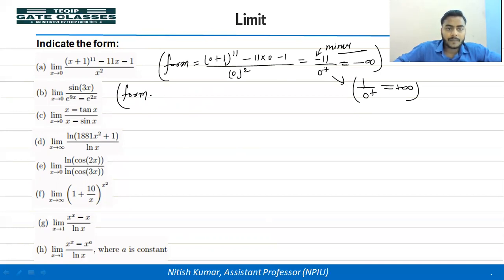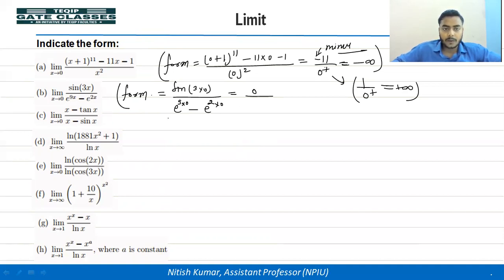Form. x goes to 0. Put the value x is equal to 0. So 3 into 0 divided by e to the power 9x minus e to the power 2x. 3 into 0 is 0, sin 0 is 0, right.